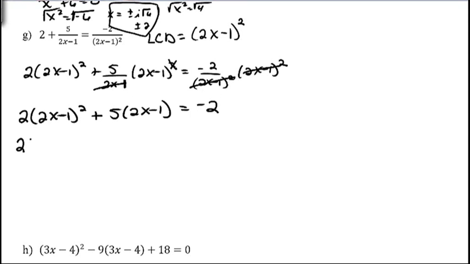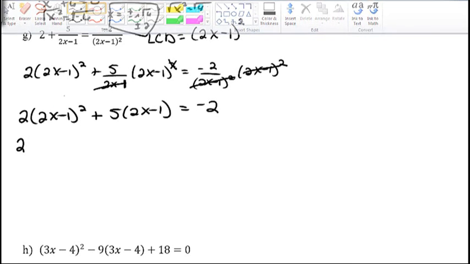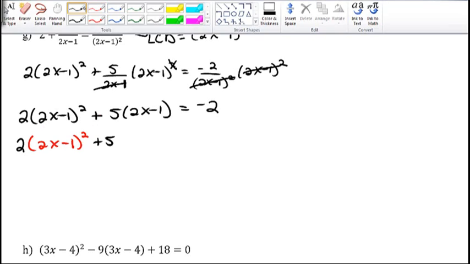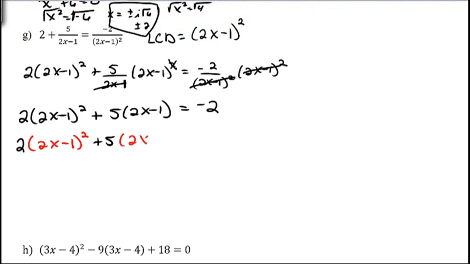That'll give me 2 times the quantity, and in fact I'm going to change this to red, 2x minus 1 squared plus 5 times 2x minus 1, and then plus 2 equals 0.